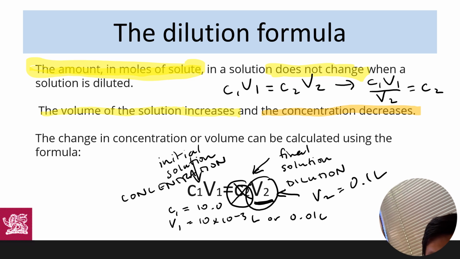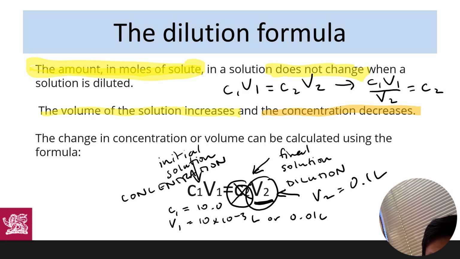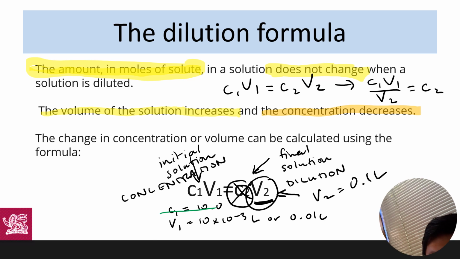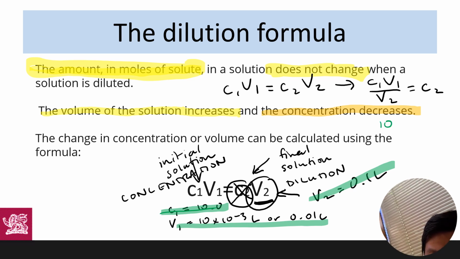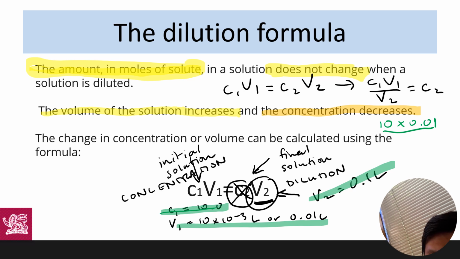In other words, using all of this data here, we would plug into our rearranged formula, and so we would go, well, C1 is 10 times the volume, which was 0.01, divide that by the final volume of 0.1, and that is going to give us 1.